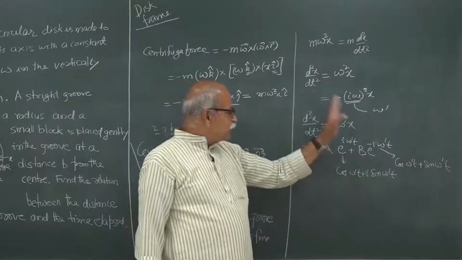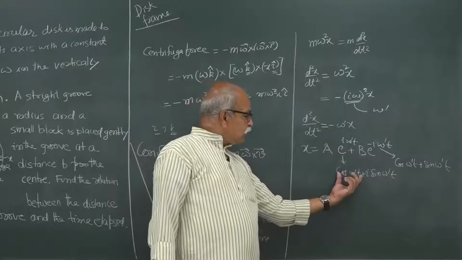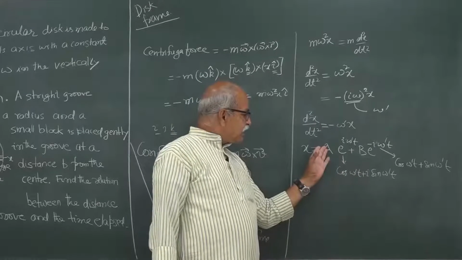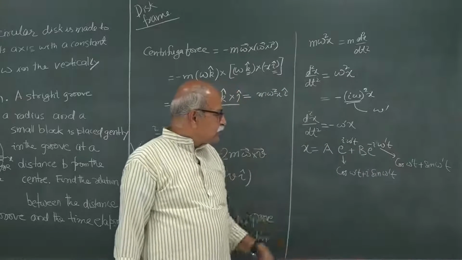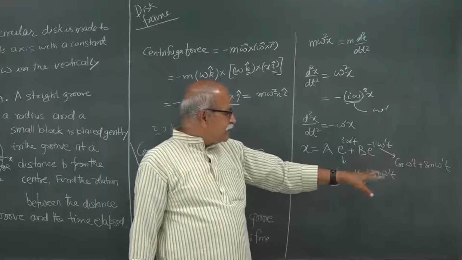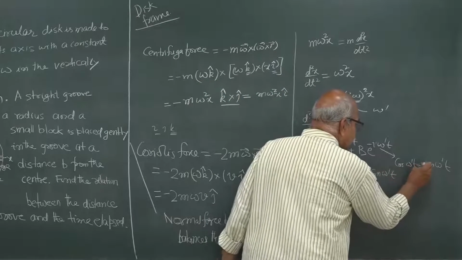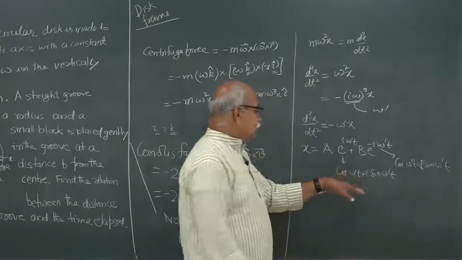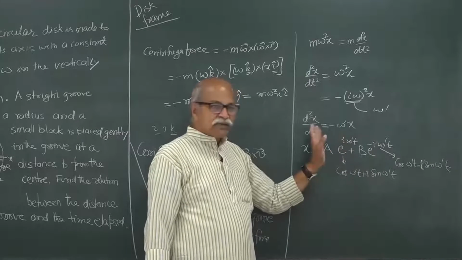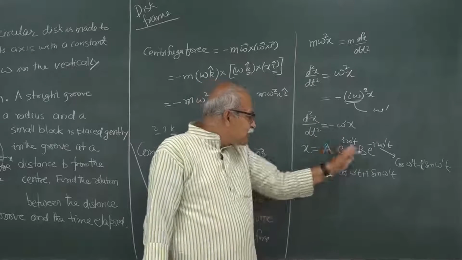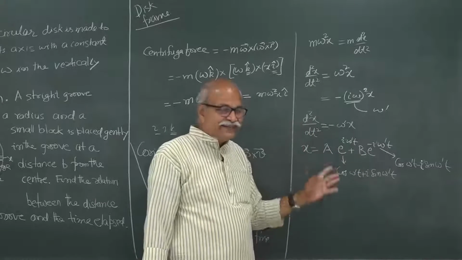The constants will be correspondingly adjusted. If you are writing cos omega prime t, you will have A plus B and so on. So, this expression, cosine type or exponential type, both are equivalent, only these constants will change. They are anyway arbitrary and they will be decided by the initial conditions.